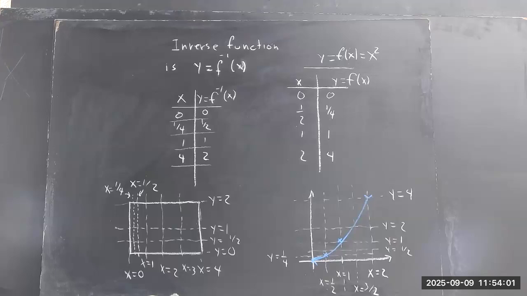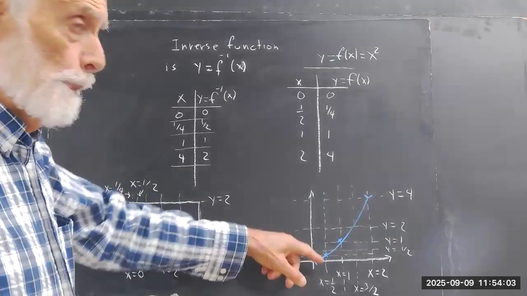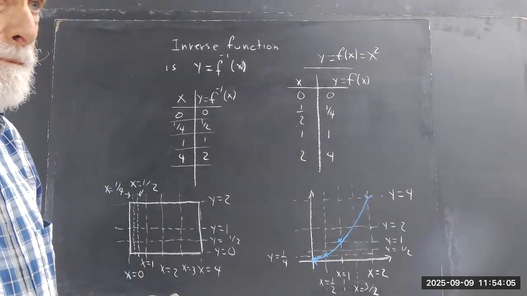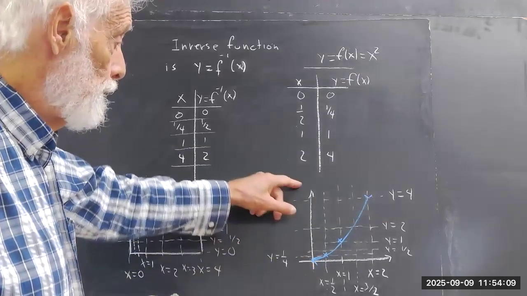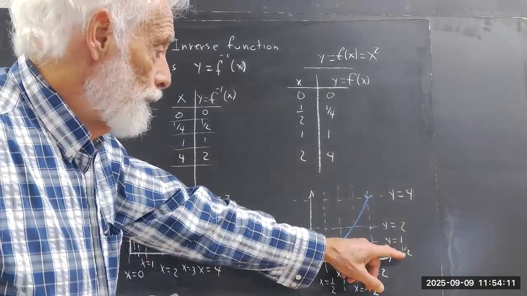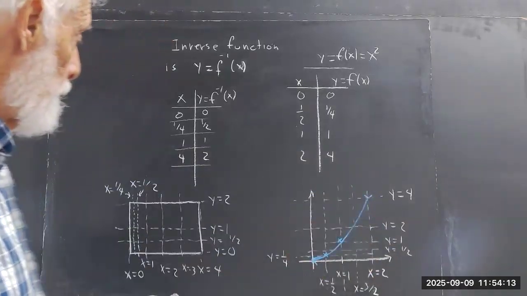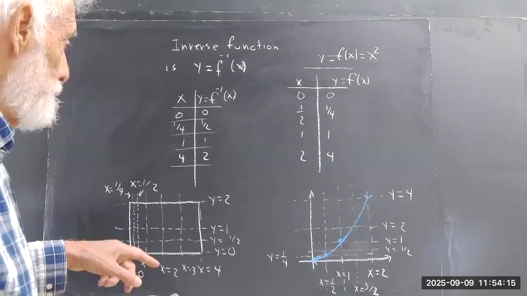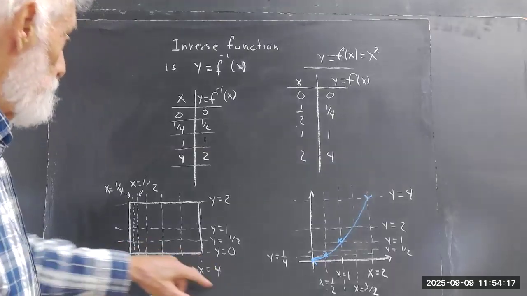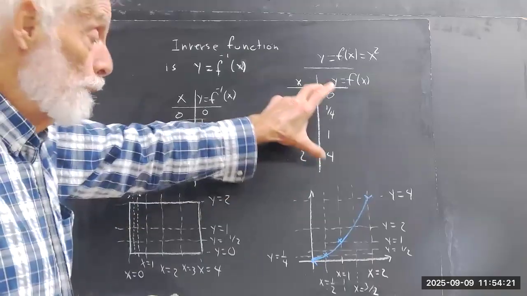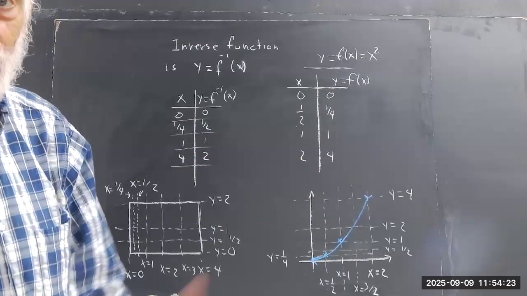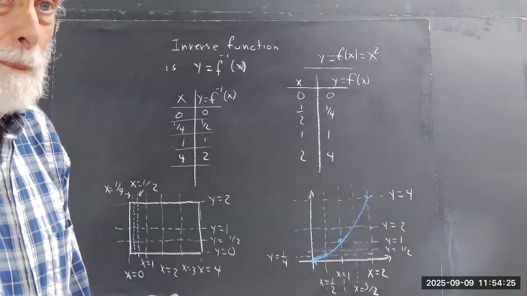Okay. So doesn't that just look like this table kind of turned on its side? This one goes from y equals 0 to 4 with values 1 half, 1, 2, and 4. This one, the x values go from 0 to 4. Well, why is that? Just because the x values are exactly what the y values were over here, isn't it?